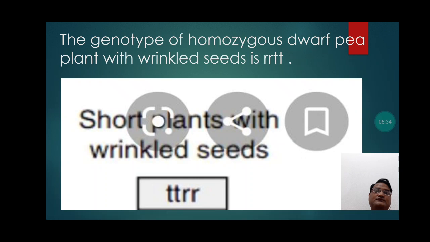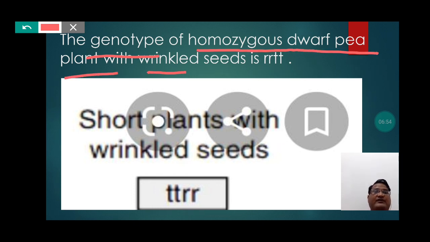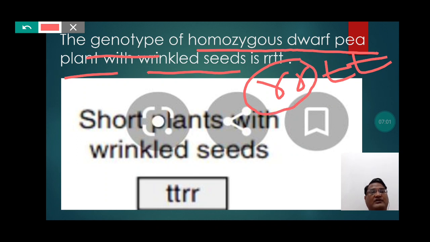Okay students, now let's move to the genotype of homozygous dwarf pea plant with wrinkled seeds, which is small t and small r. So students, the genotype, that is the genetic constituent of the homozygous dwarf pea plant with wrinkled seed is small t and small r.